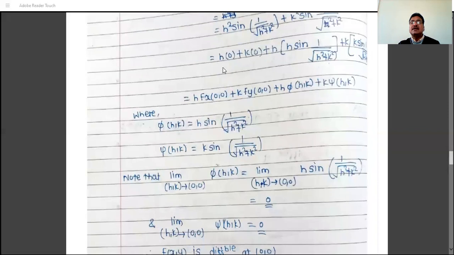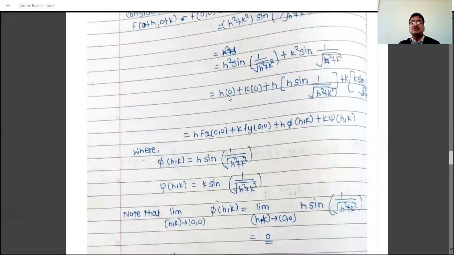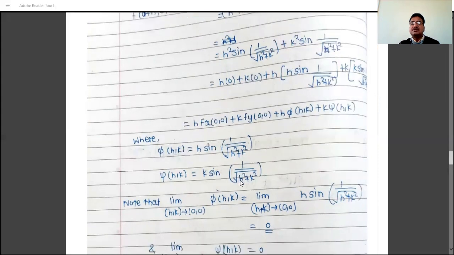Then we write this as h times 0 plus k times 0, that is, just adding 0 two times, plus h times [h sine of 1 by root of (h square plus k square)] plus k times [k sine of 1 by root of (h square plus k square)]. This 0 is fx(0,0), this 0 is fy(0,0), and suppose this bracket is phi(h,k) and this is psi(h,k). Therefore, we have h fx(0,0) plus k fy(0,0) plus h phi(h,k) plus k psi(h,k). What are phi(h,k) and psi(h,k)? phi(h,k) is h sine of 1 by root of (h square plus k square), and psi(h,k) is k sine of 1 by root of (h square plus k square).